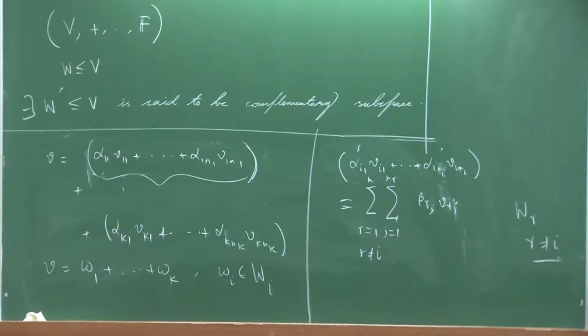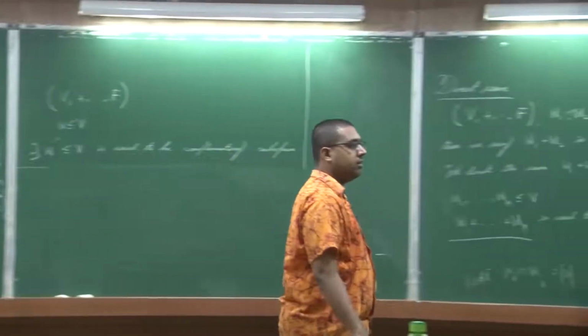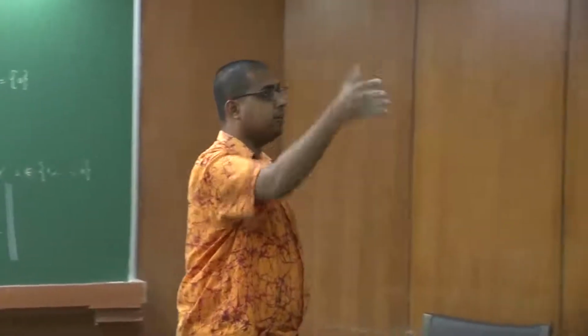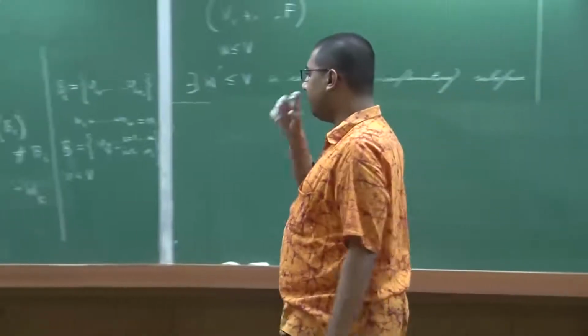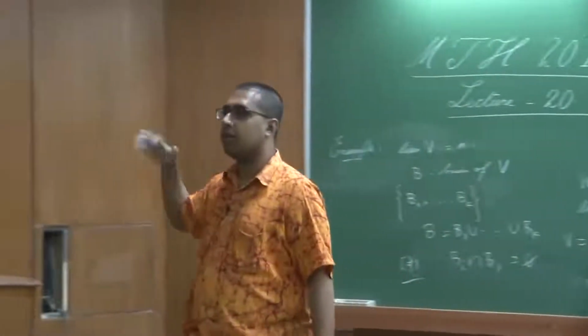Starting with a finite dimensional vector space and a basis of it, we chop that basis into several pieces, and the sum of the corresponding subspaces will be direct.